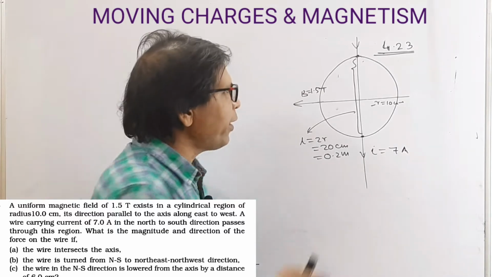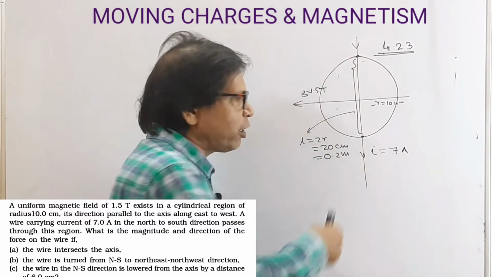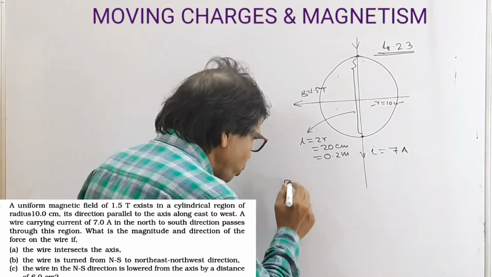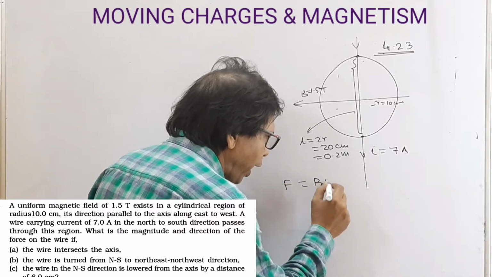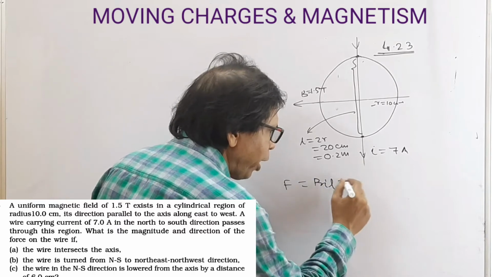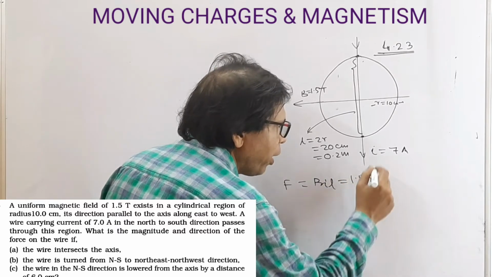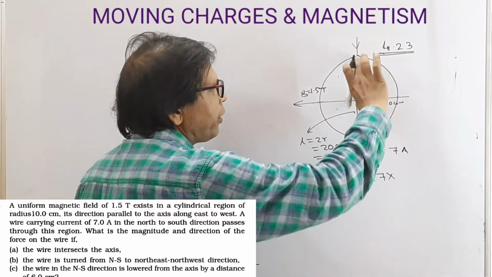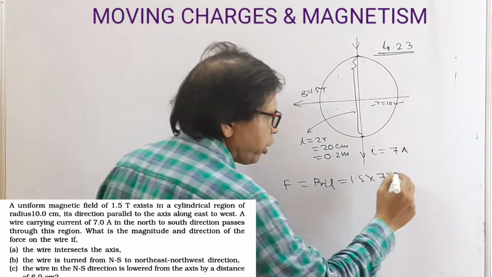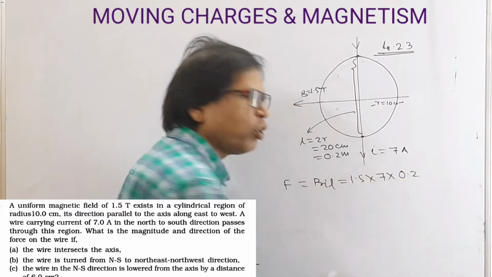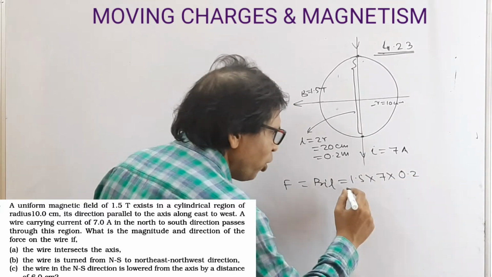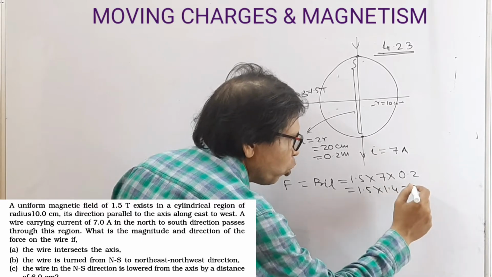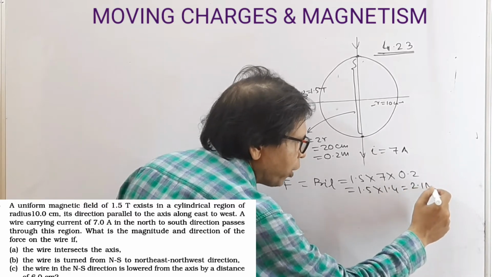If the conductor is along the axis, find the magnetic force. So magnitude of magnetic force F equal to BIL. Here B equal to 1.5, I equal to 7 and L equals 20 centimeter, so this is 0.2. Now 1.5 times 7 times 0.2, so this is 2.1 Newton.